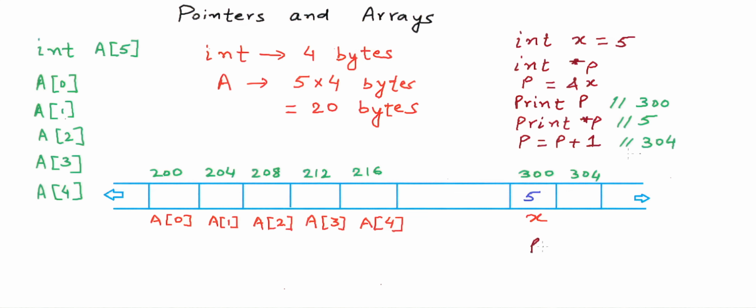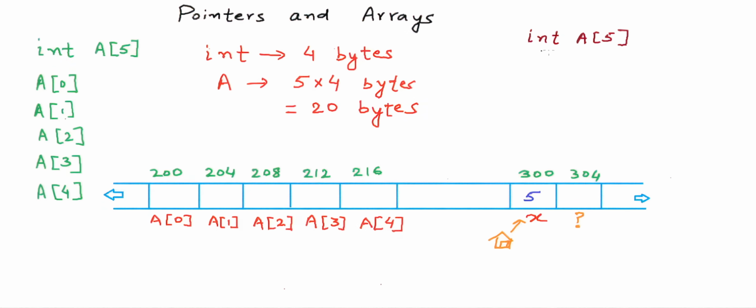So if I want to print p now, then the output should be 304, but if we try to dereference p now and print asterisk p, then we do not know the value at this address, so we cannot say what will be printed. It's like we know that Mr. X lives at address 300, but we do not know who his neighbor is who lives at address 304.